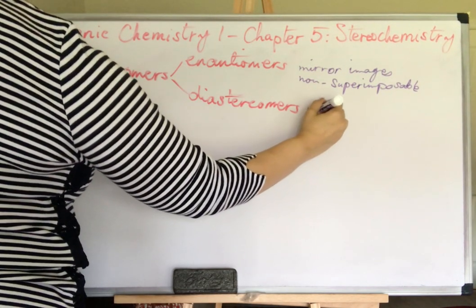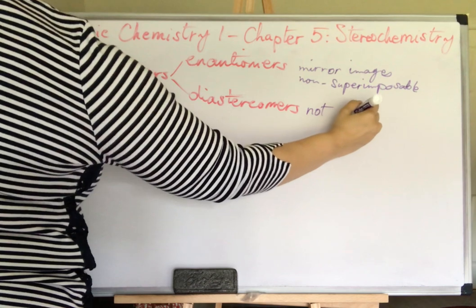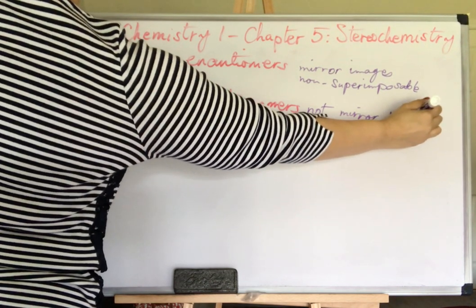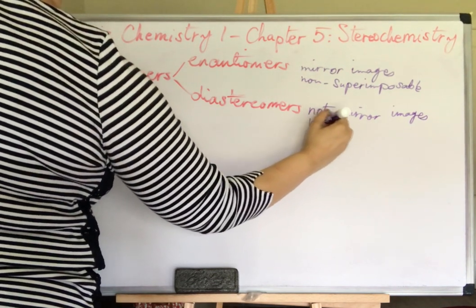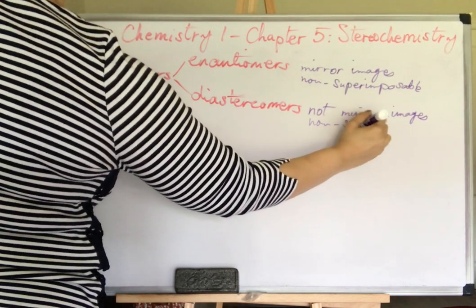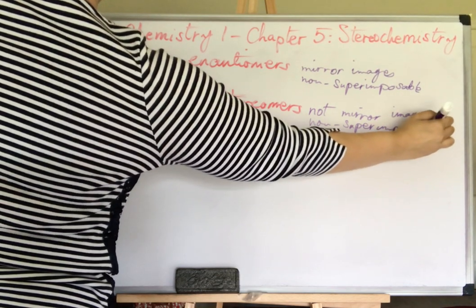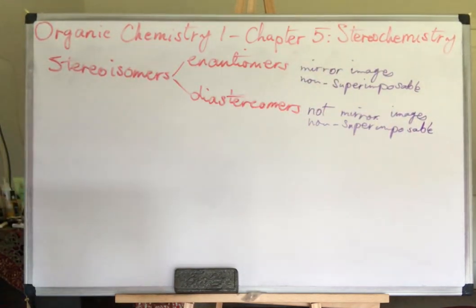Diastereomers are not mirror images, and they are non-superimposable as well. So that's the second type of stereoisomers, and determining R and S is the same as for enantiomers. We normally study and see the diastereomers in biological molecules.